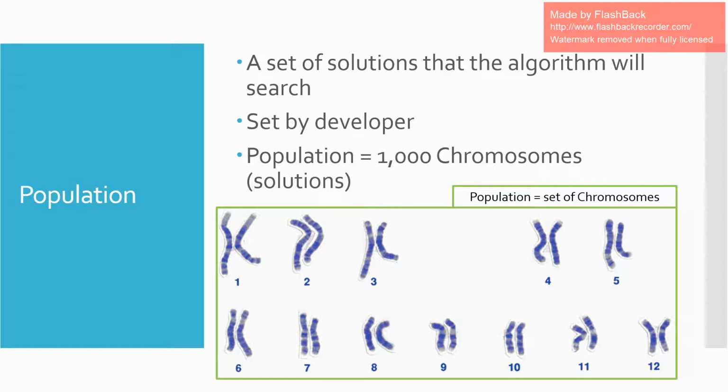So that's why the component of population is important. The initial population is just created by making a bunch of random chromosome solutions. I chose the size of the population to be 1,000 so that it could be large enough that a big number of combinations could be made out of the initial solutions out there.